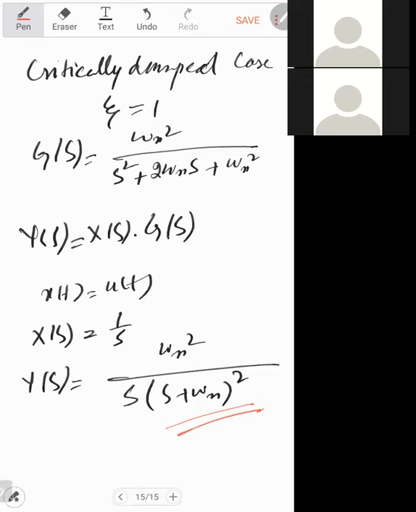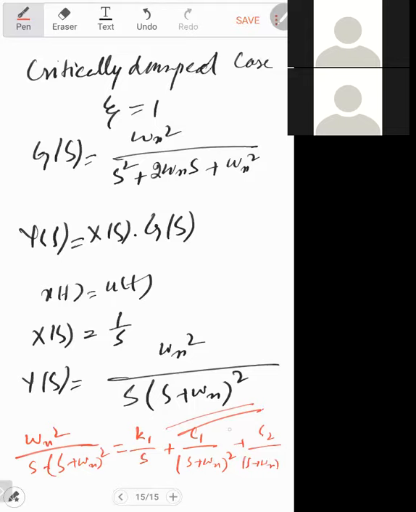So this means that omega n square divided by s multiplied by s plus omega n square will be equal to what? This will be k1 divided by s, plus c1 divided by s plus omega n square, and then we have c2 divided by s plus omega n.